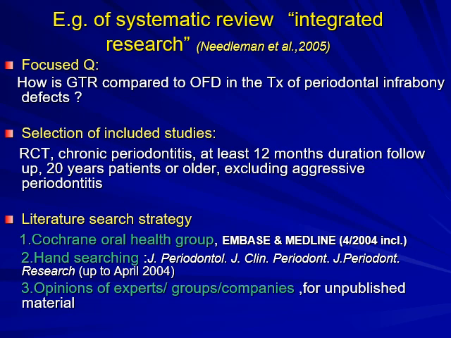Then opinions of experts, groups, and companies for unpublished material can be used. So you see, it is not very simple. It is very, very explicit to do this kind of systematic review.